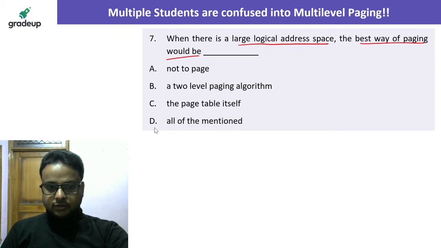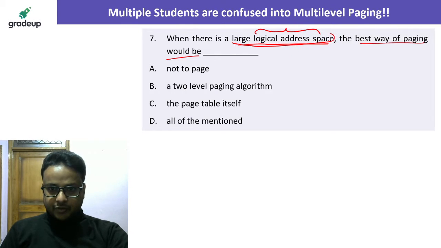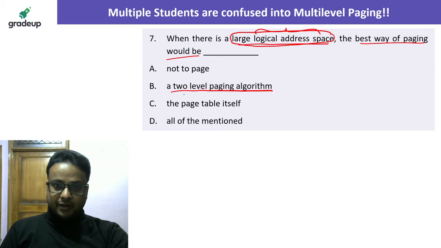So when we have a large logical address space, a huge LAS, then the best way of paging would be a two-level paging algorithm. We can have two-level, three-level.